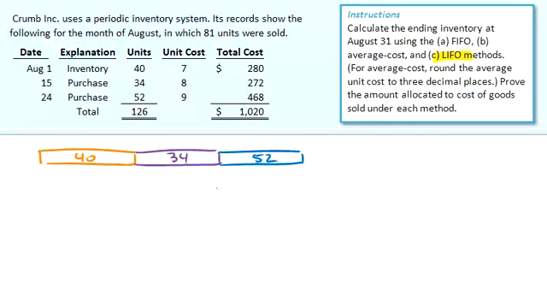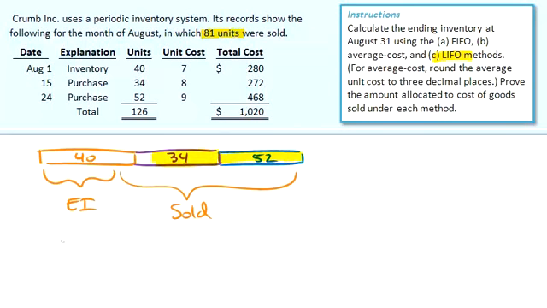Finally, under the LIFO method, the newest purchases in our inventory are going to be the first ones to be sold, and the oldest inventory will make up our ending inventory. So if Crum sells 81 units, that means our most recent purchase of 52 units will be sold, along with 29 units from our second to last purchase.